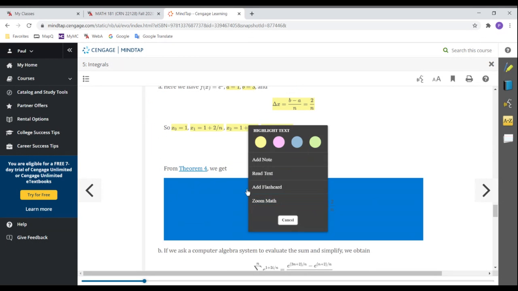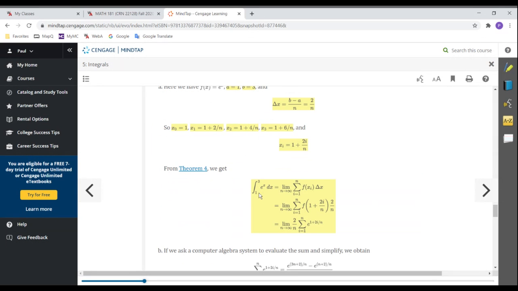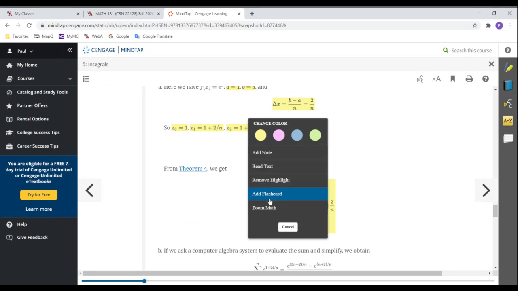And so therefore, the definite integral from 1 to 3 of e to the x dx would be the limit as n approaches infinity of the function evaluated, f of x i, which would be f of 1 plus 2i over n, times delta x. And delta x is just 2 over n. And so e to the 1 plus 2i over n is what you see right there.